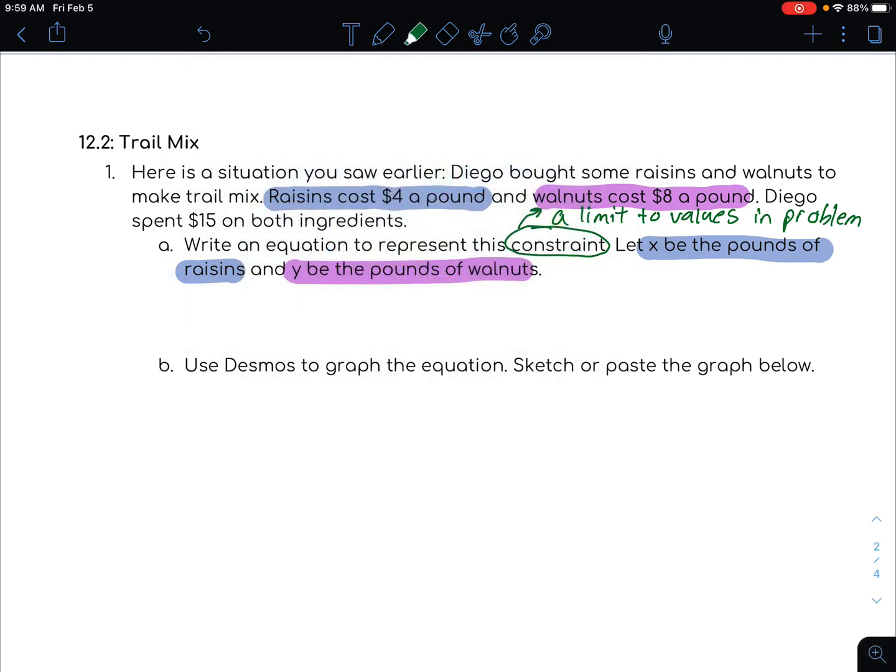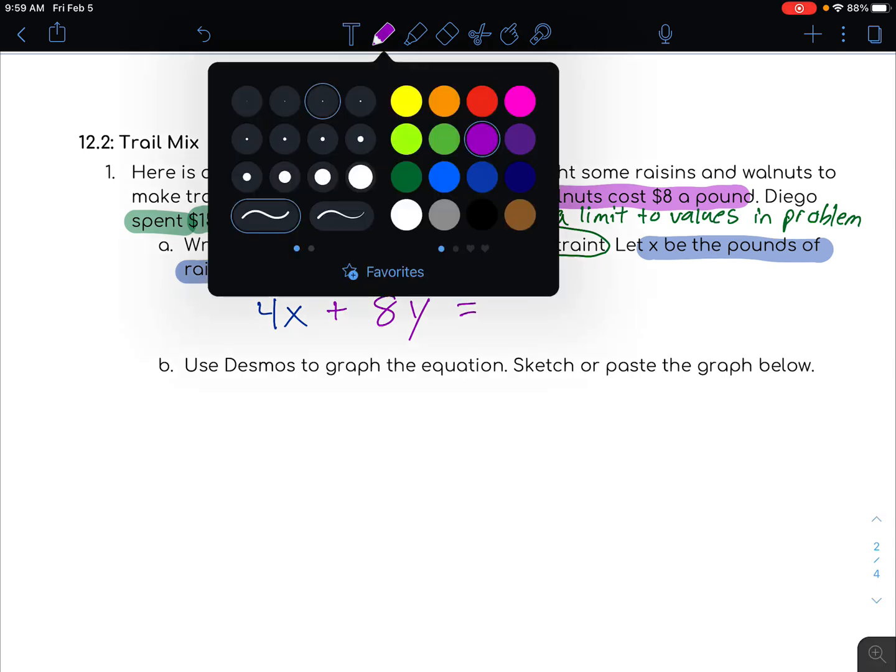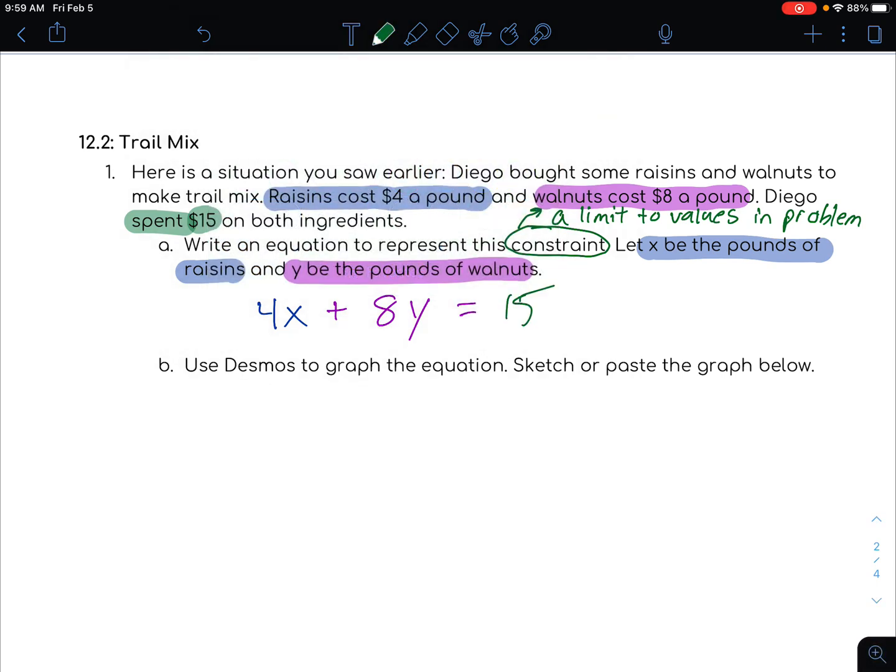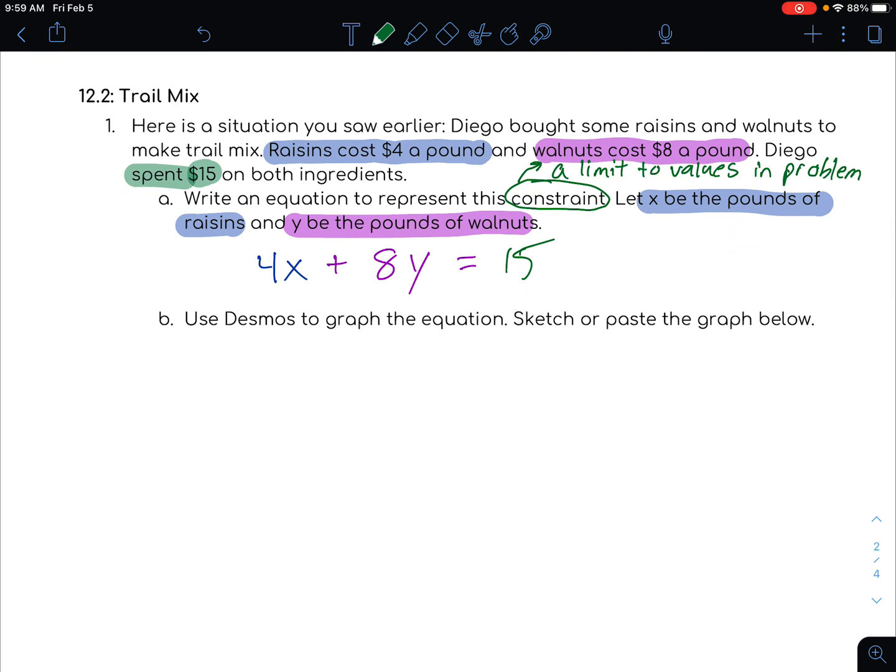And $15 is the total amount spent. So if we write the equation, $4 per pound of raisins is 4x, plus $8 per pound of walnuts, 8y, equals a total of $15.